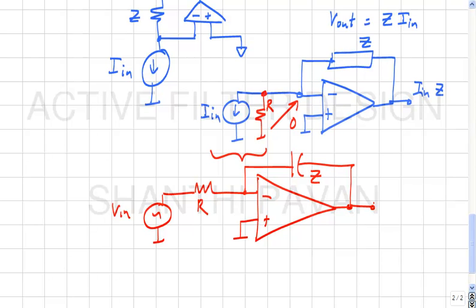Okay. So what happens to the output voltage? V in by R. What is this current? V in by R, okay. So what is this current? V in by R. So what is output voltage?